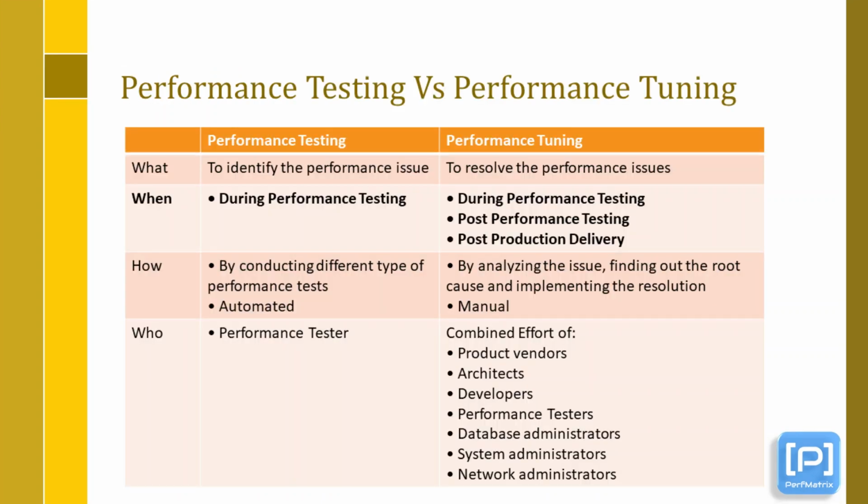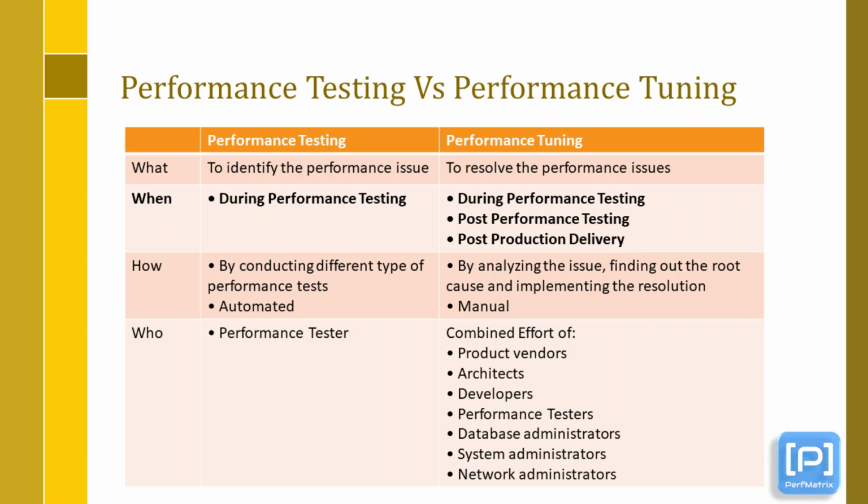The next point is when to conduct performance testing and tuning. Performance testing is done during the planned performance testing window before the project delivery, whereas performance tuning is done during the performance testing when any performance bottleneck is identified, and you quickly try to tune the system. Sometimes it is hard to tune the application during the performance testing phase.